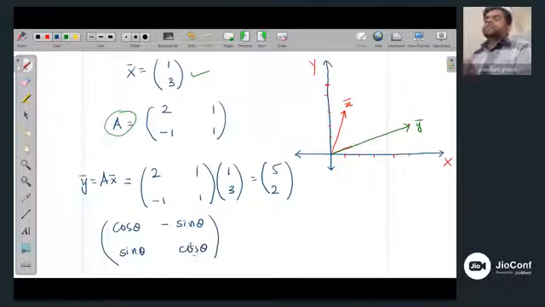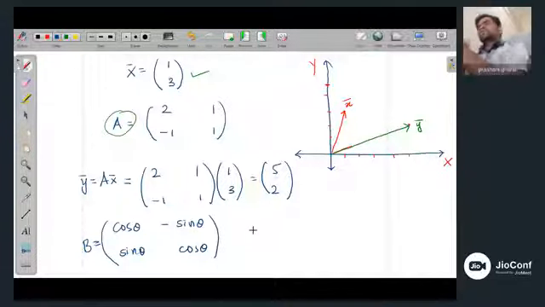It gives you a rotation matrix. How much rotation? A theta rotation. This is the B matrix. If you apply this B matrix to any vector, what it does is give you a rotation from one vector to another vector.